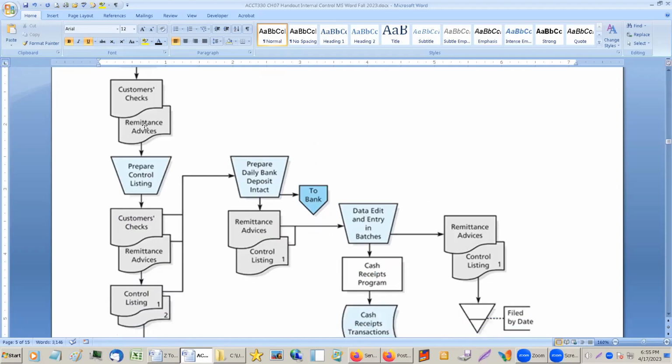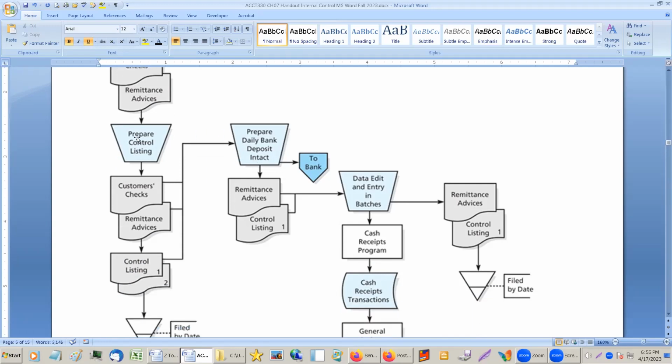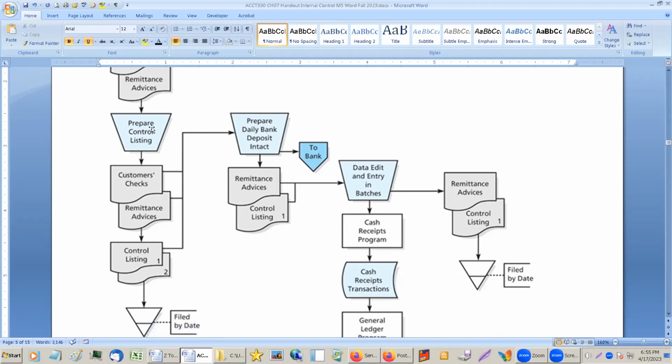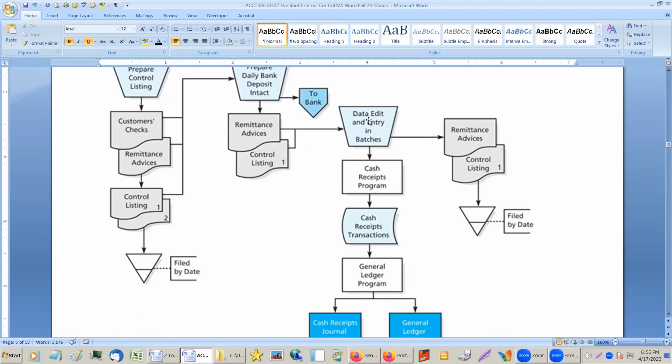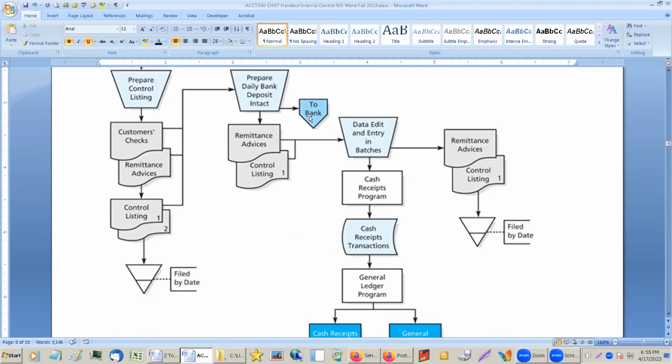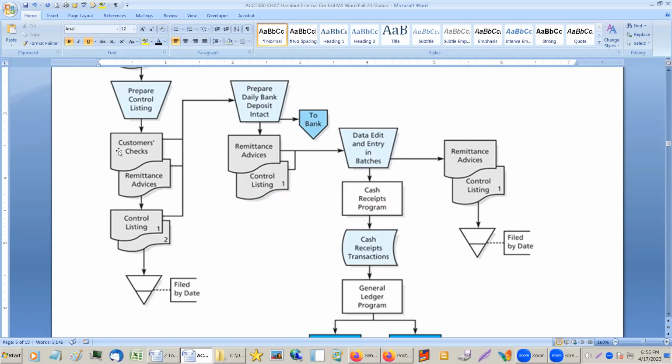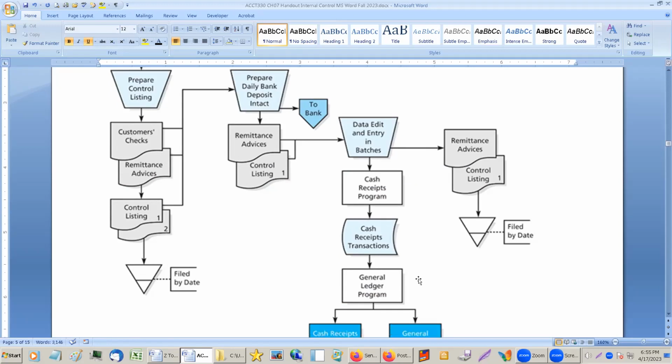And there's little shapes that mean something, like these four-sided shapes. Those usually mean there's some kind of activity going on. So prepare the collection, prepare the bank deposits, data entry, those sorts of things. So there's usually something happening. These little wavy things here are documents. So these are all documents.